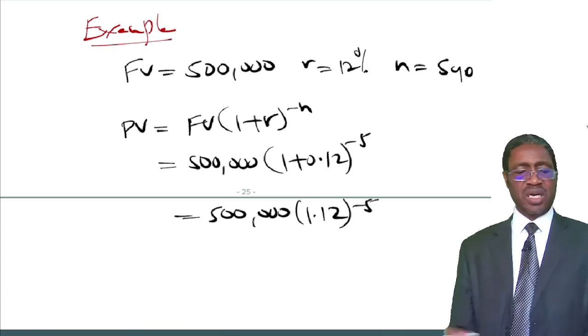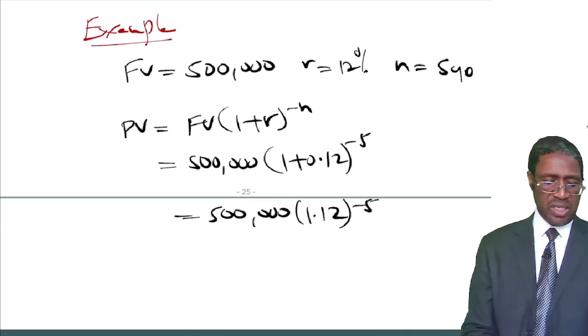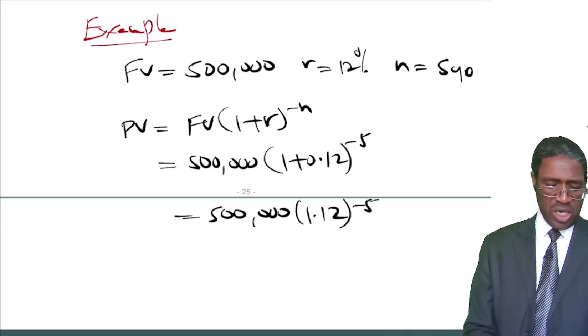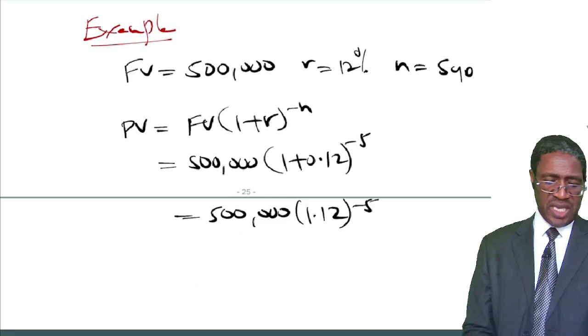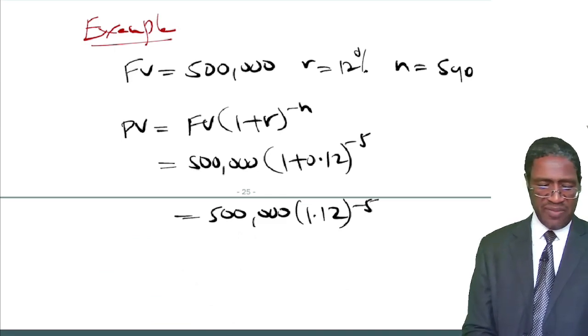So let me calculate that. What is it? It is 1.12 to the power of negative 5. Then whatever I get, I multiply that by 500,000.